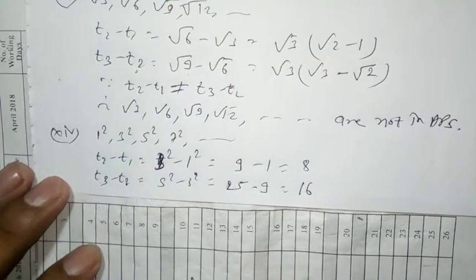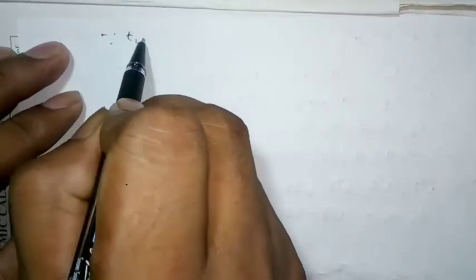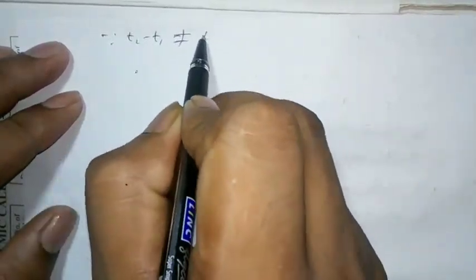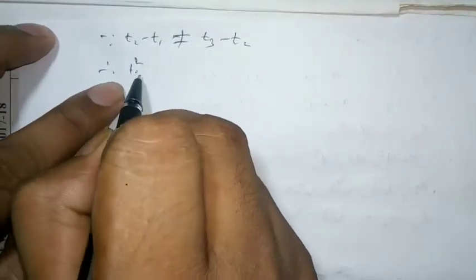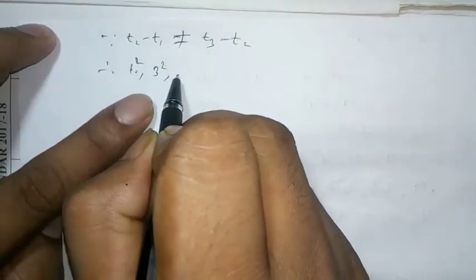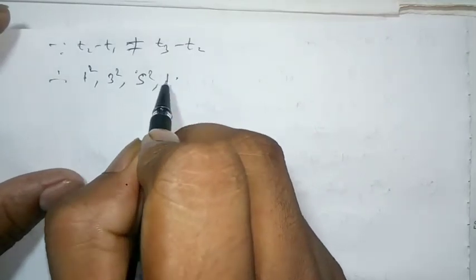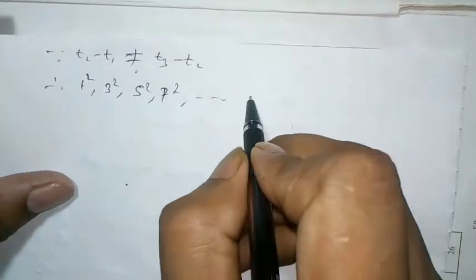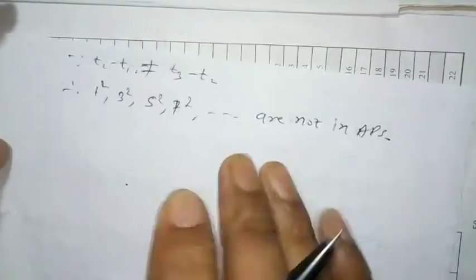Both are not equal. So we write, because T2 minus T1 does not equal T3 minus T2, therefore 1 square, 3 square, 5 square, 7 square dot dot dot are not in AP.